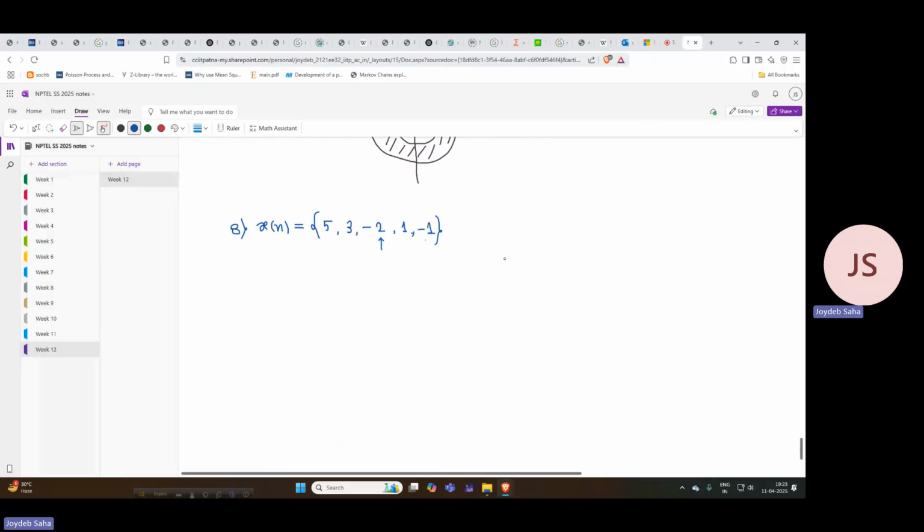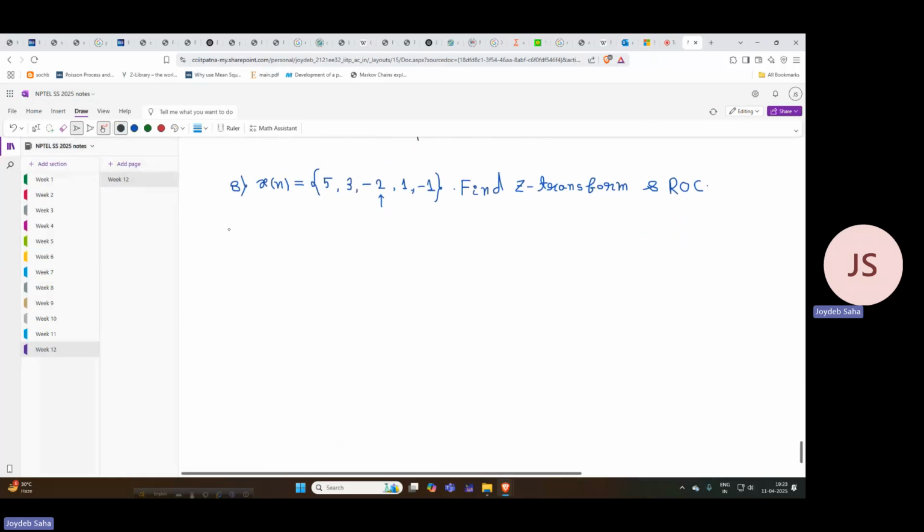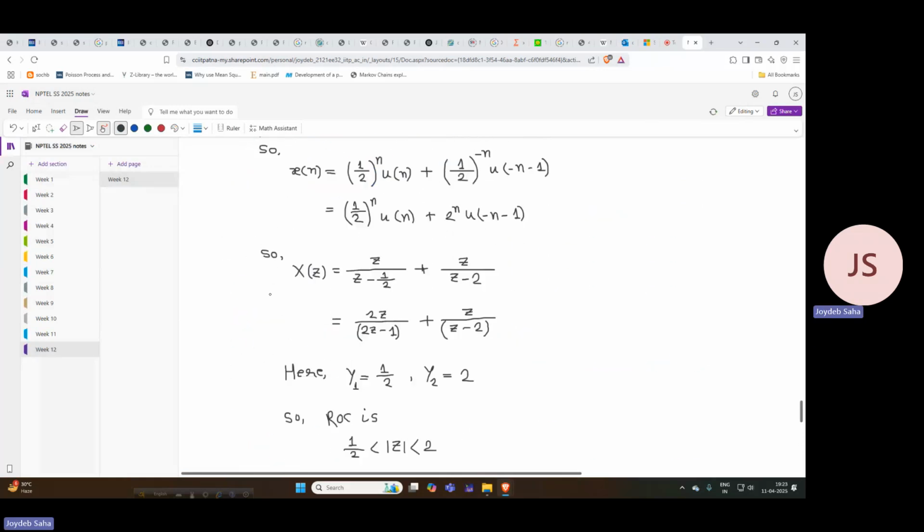At n is equal to 0, find. Z transform ये पेपर है क्या? Okay.